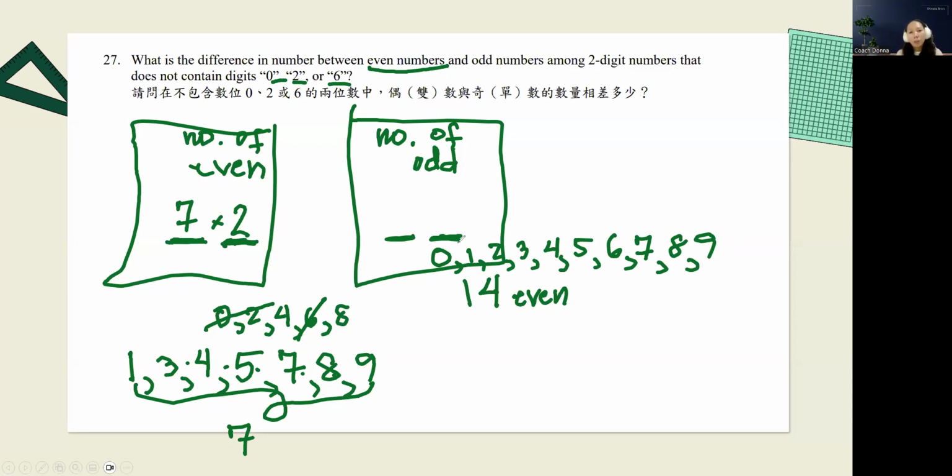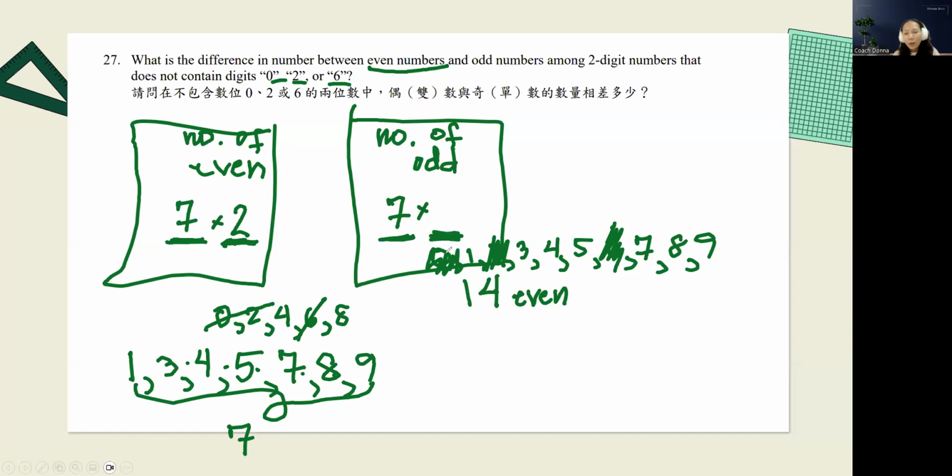But again, we can't use 0, we can't use 2, and we can't use 6. So the only allowed numbers for the tens place are 1, 2, 3, 4, 5, 6, 7. Still 7 numbers. We can't use a 0 here.